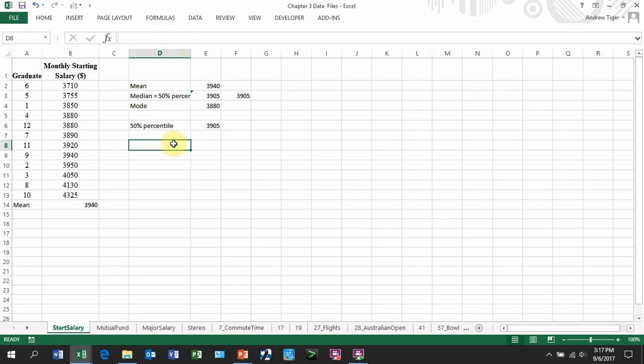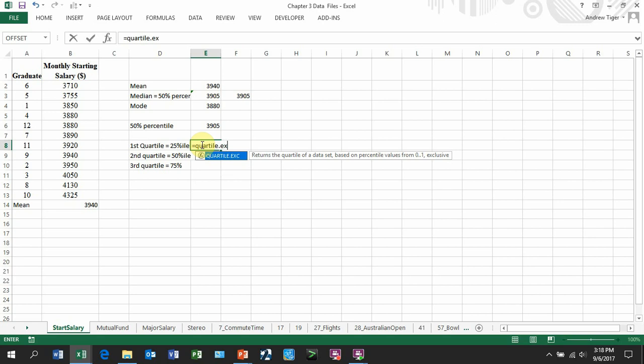And there's such a thing called quartiles. If it's the first quartile, that's just the 25th percentile. And the second quartile is the 50th or the median. The third is the 75th, and so on. The fourth is 100%. I think there's a formula that does a quartile. Yeah.